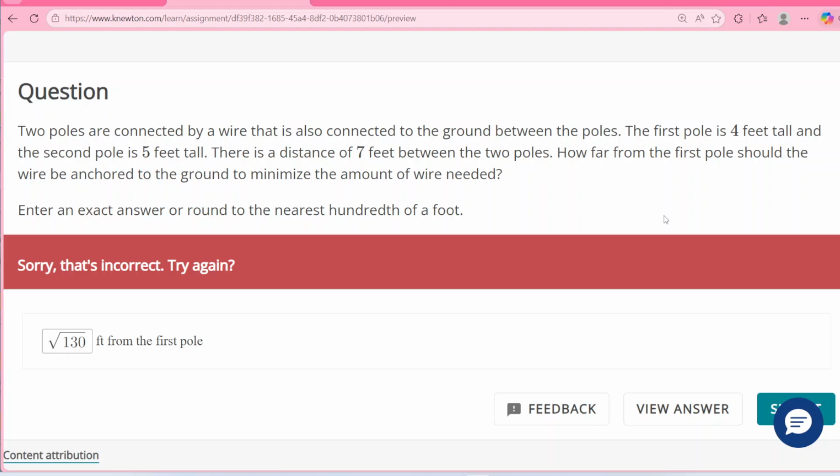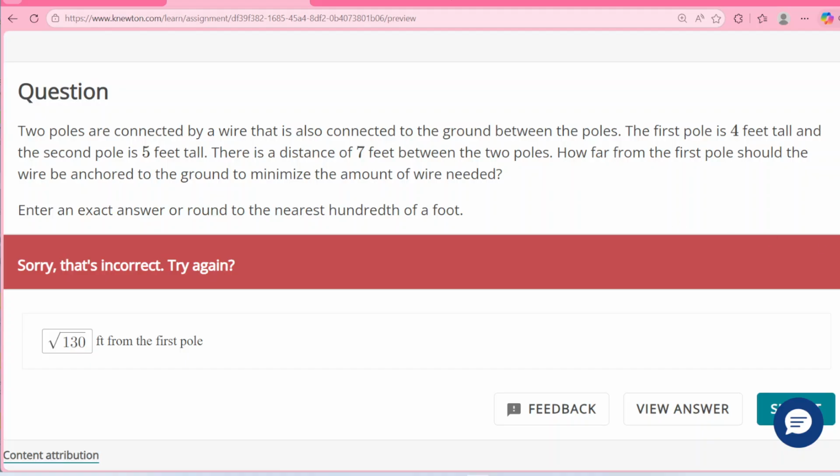Oops. Okay, maybe I rushed that. Two poles are connected by a wire that is also connected to the ground between the poles. How far from the first pole?